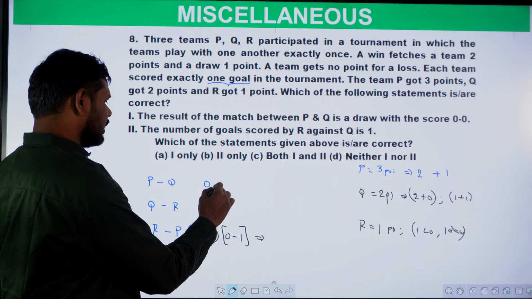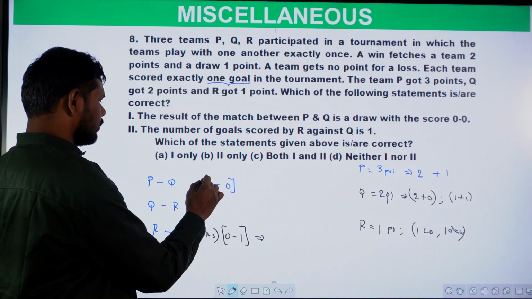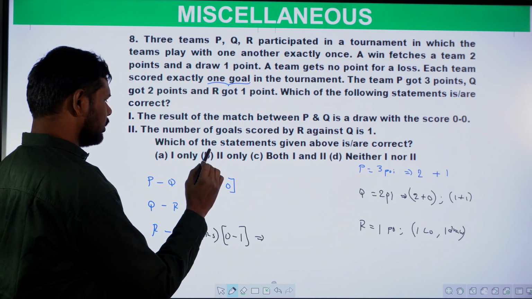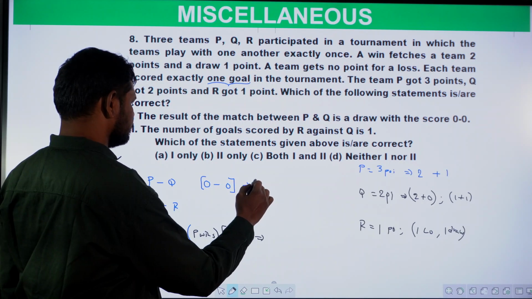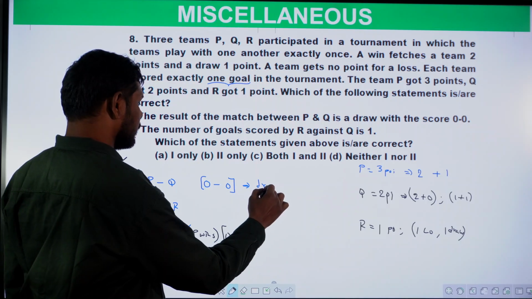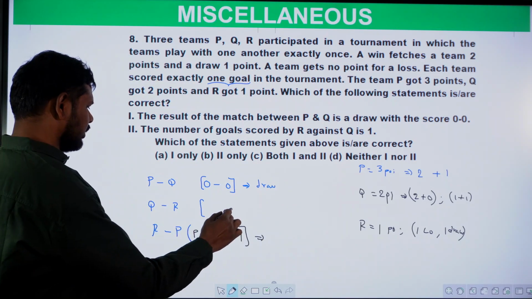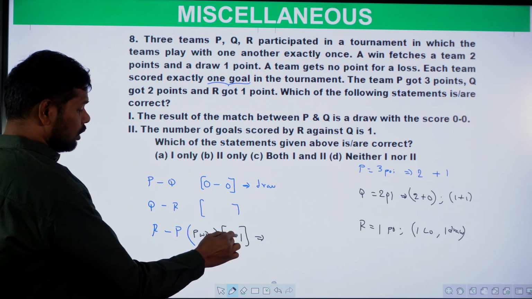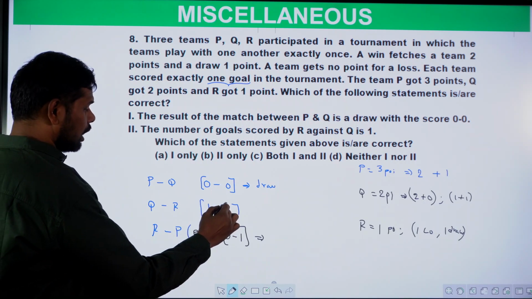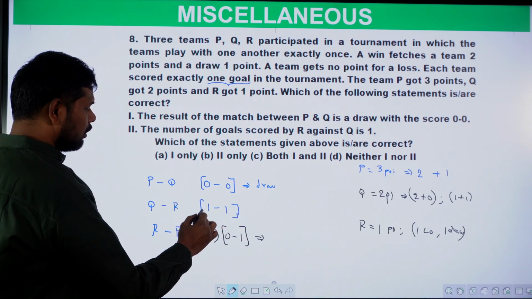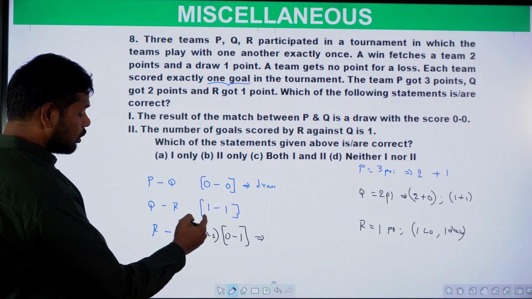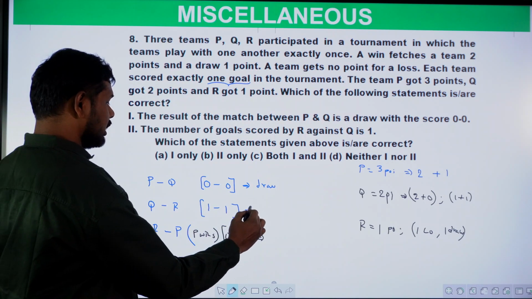A draw means maybe Q also has 0 points, then 0-0 means definitely it is also a draw. Here P gets 1 point, Q gets 1 point. Now just observe, here only P's goal is completed. Now Q and R both scored goals in the second match. It is also a draw.